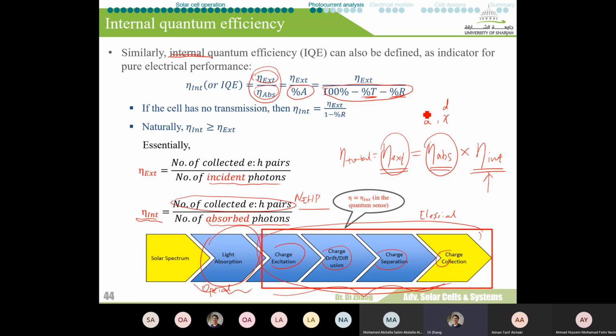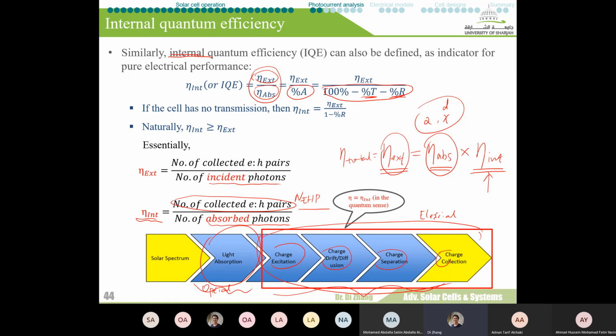Otherwise, we have to use the other information, the absorption coefficient, as well as the material thickness and the reflection, etc. With that, we will also be able to calculate the absorption efficiency. So this is the idea for the relationship between the two efficiencies.